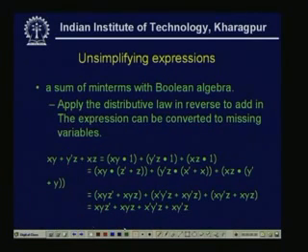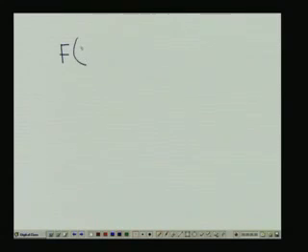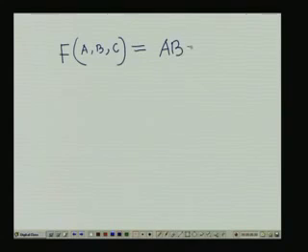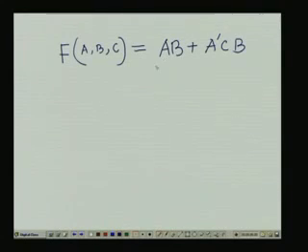Say one function f of a, b, c, a 3 variable function, consists of a b plus a bar c b, these two terms. What does a b mean? Because it is a 3 variable function, the literal c does not exist in a b.